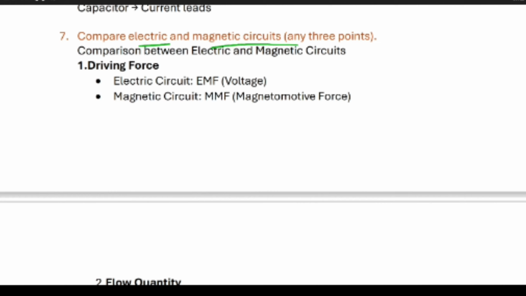For the driving force, the electric circuit has EMF, voltage, while the magnetic circuit has MMF, the magnetomotive force.